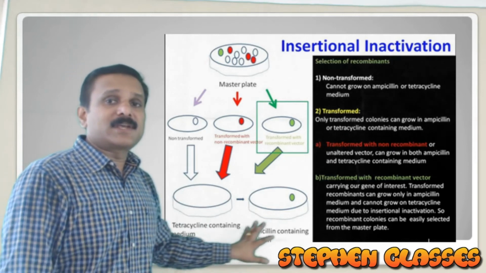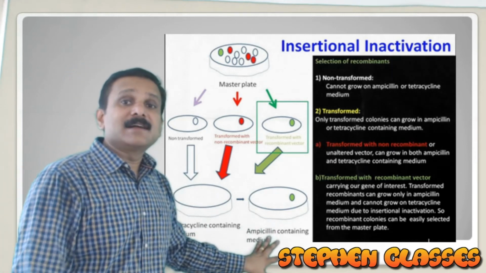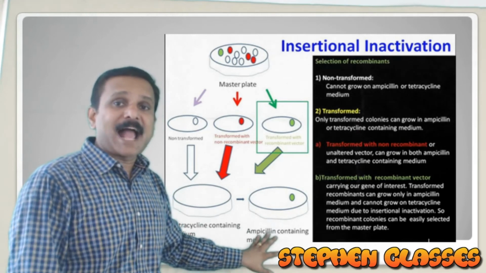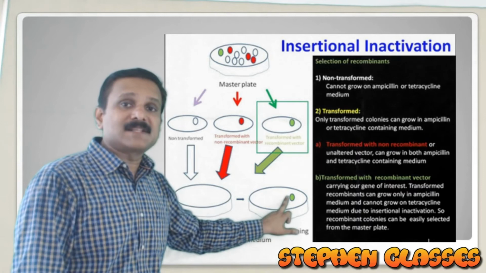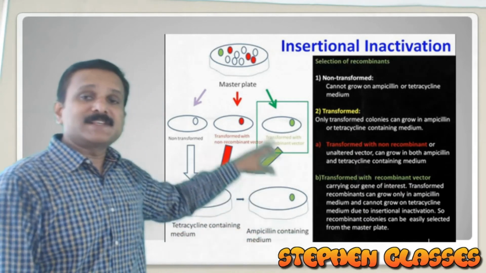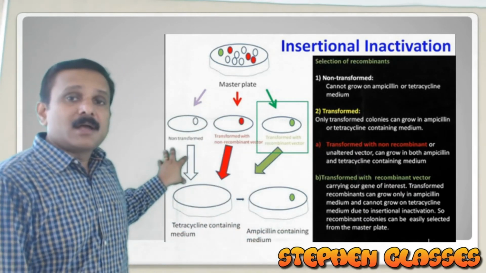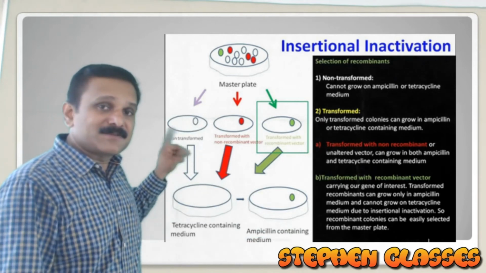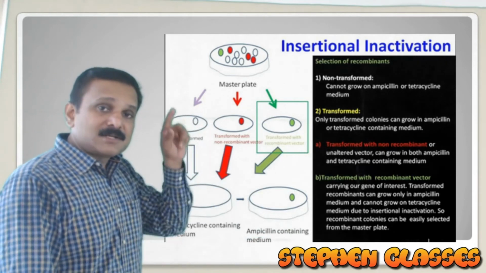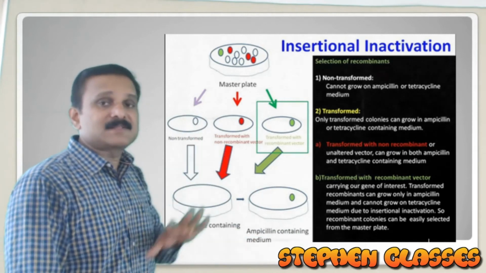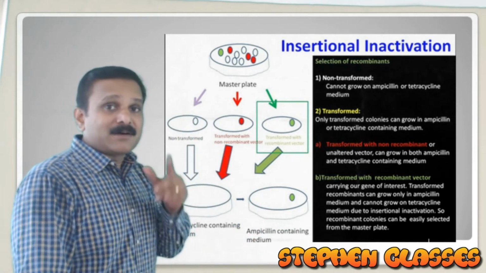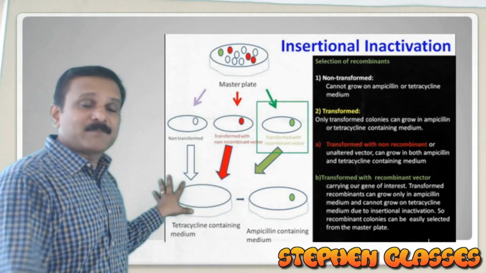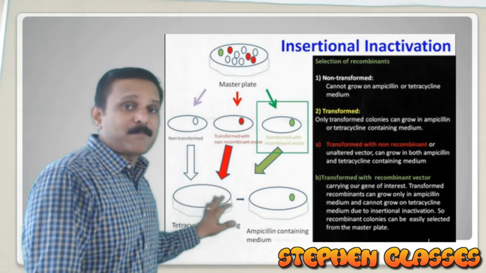So here we are getting only the recombinants because they only survive in the ampicillin medium. This is the method of selecting recombinants from non-recombinants. First we select transformants from non-transformants and later we select recombinants from non-recombinants. With the help of this diagram, you will be able to understand that point.